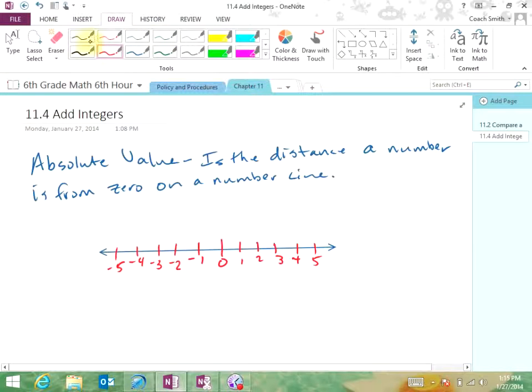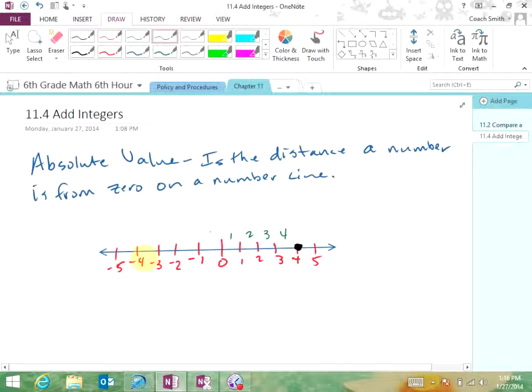So, if we look at this number right here, 4, how many units from 0 is 4? Look, folks, 1, 2, 3, 4. So the distance from 0 is 4.